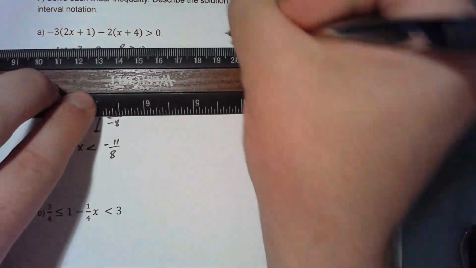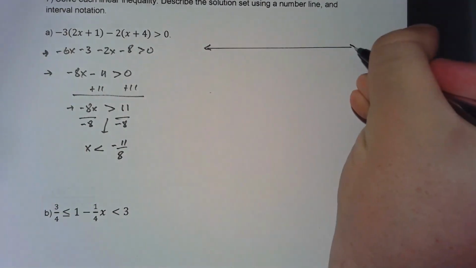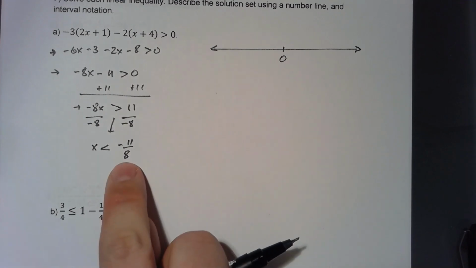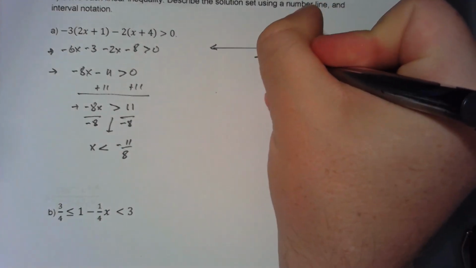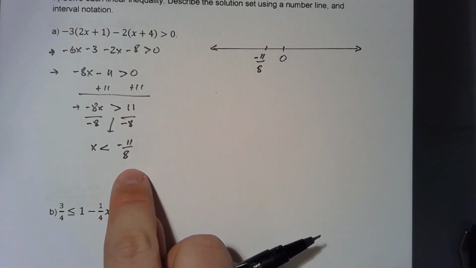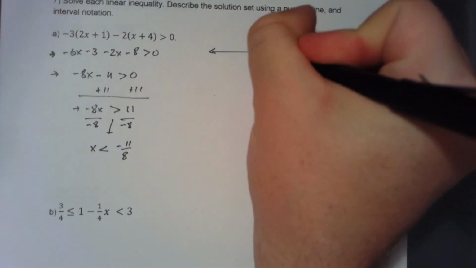To write it on a number line, I always put 0 on my number line. That's just me. Put negative values on the left. So this means X is less than this value, -11/8. So everything to the left of that is going to get shaded.